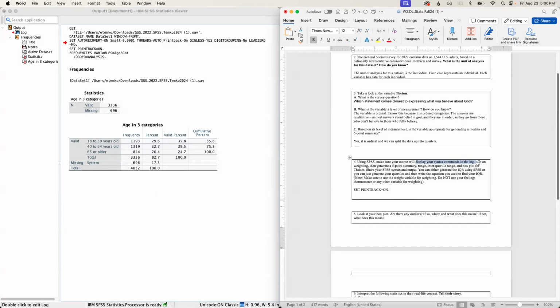So we're going to discuss weighting later, but for now, you just need to use the weight variable, and you're not going to use theism. You're not going to use any other variable other than the weight variable designed for it. So this is going to adjust our output to more closely represent all US adults, because when you sample, and you do your best, but inevitably some people do respond, some people don't respond.